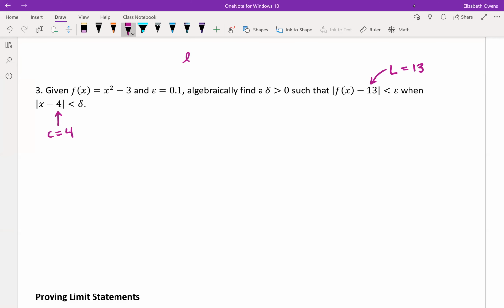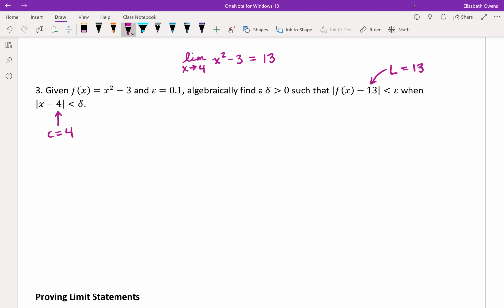And we can check that. Limit as x approaches c, we know c is 4, and our function is x squared minus 3. So if we plug in direct substitution, x equals 4, that would be 4 squared, 16 minus 3 equals 13.